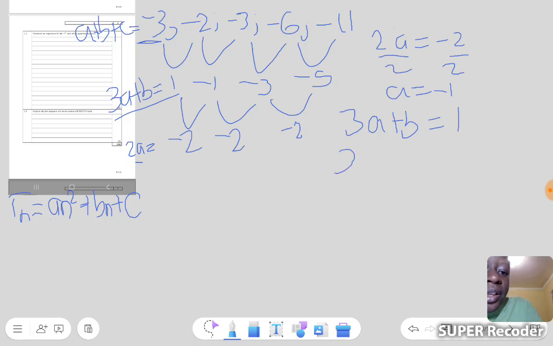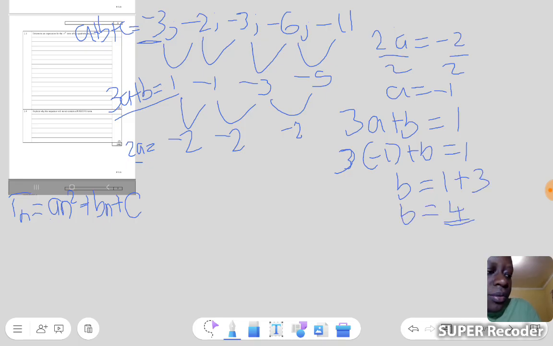We already got our a being negative 1, so negative 3 plus b is equal to 1. Transposing to the other side, our b is equal to 4.